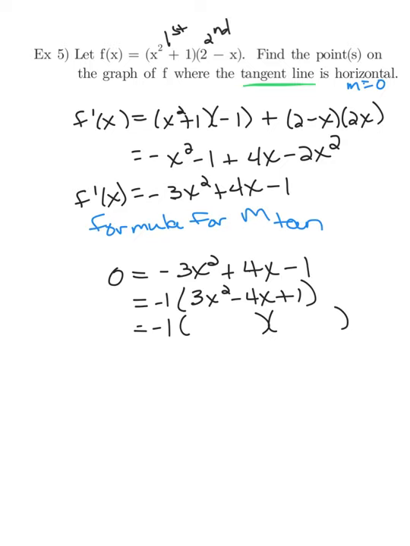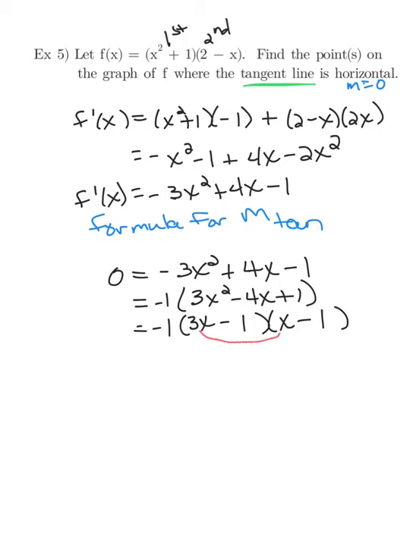If my first term is 3x squared, then I must have a 3x and a 1x. If my middle sign only is negative, then both factors have to be negative, and the only thing that multiplies to equal 1 is 1 and 1. Do a quick check for yourself.